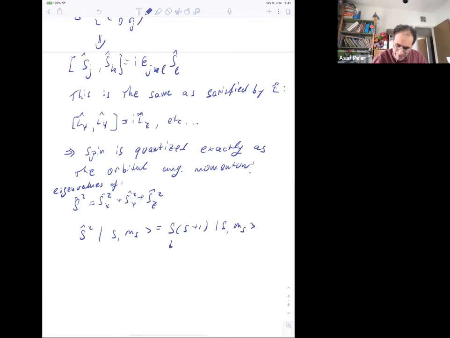So S is 0, 1, 2, a non-negative integer. Remember angular momentum, right? There is a total angular momentum and there's an angular momentum in a specific given direction. MS would be along the Y or Z or X or whatever direction you choose.